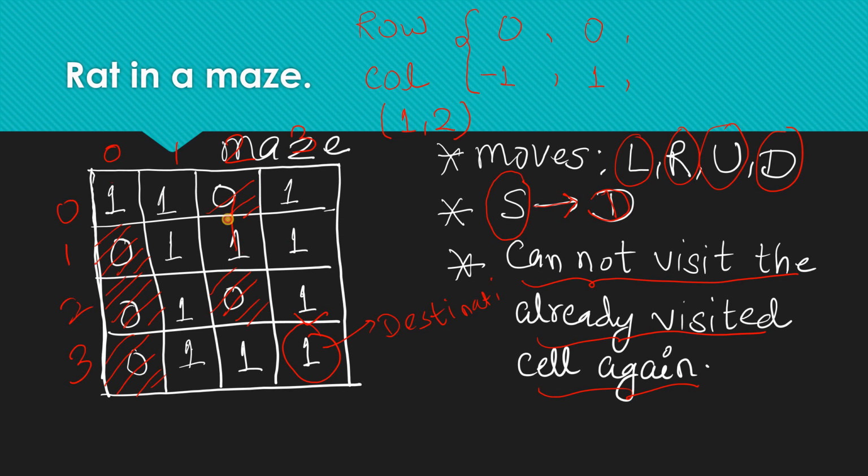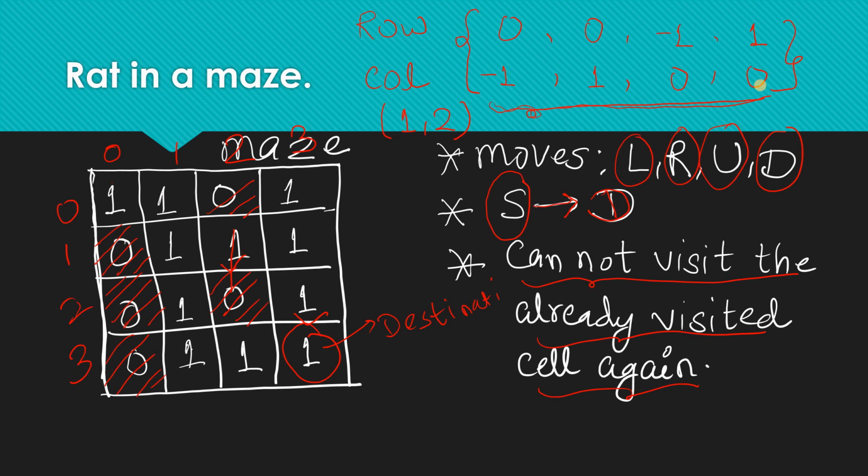To move up, we decrement our row by 1 and the column remains the same. To move down, we increment our row by 1 and the column remains the same. So these are the four possible moves that we can take.